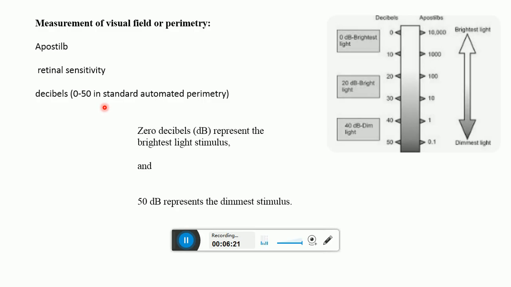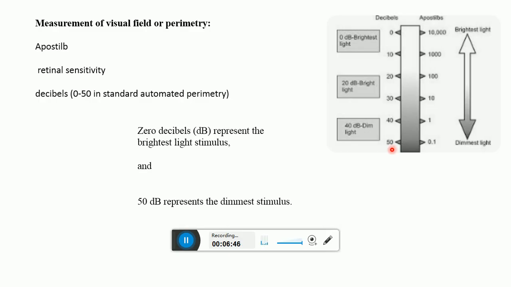It has a direct correlation to the sensitivity of the retina. 0 decibel represents the brightest light stimulus, and 50 decibel represents the dimmest light stimulus.